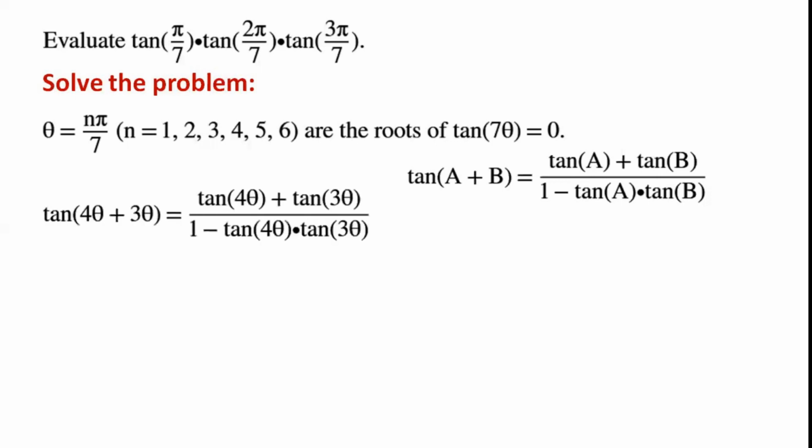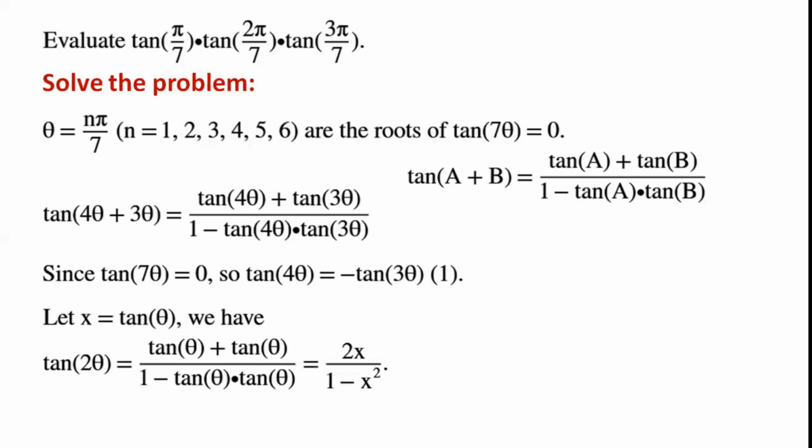By this formula, tan of 4 theta plus 3 theta can be written as tan 4 theta plus tan 3 theta over 1 minus tan 4 theta times tan 3 theta. Since tan 7 theta equals 0, so tan 4 theta equals minus tan 3 theta.